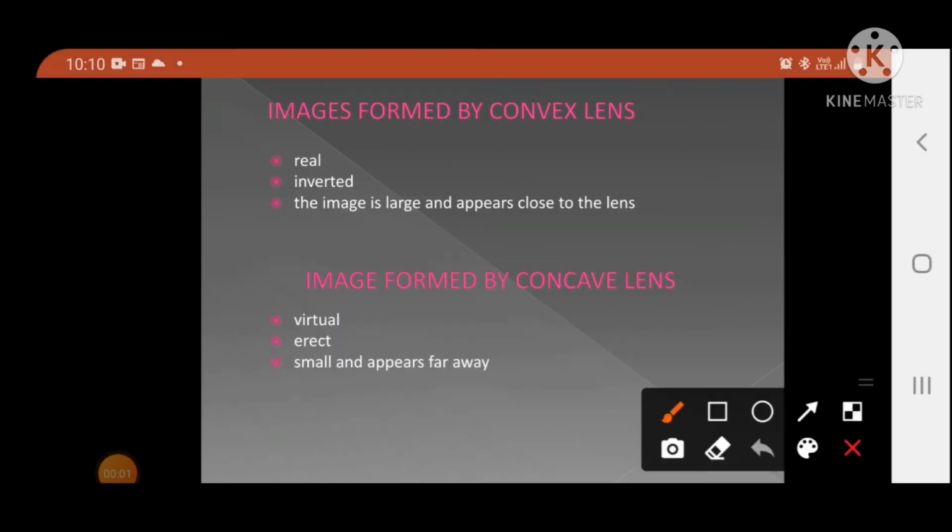Images formed by convex lens will be real, means can be obtained on the screen, inverted means upside down, and large, and it will appear close to the lens. While the images formed by concave lens will be virtual, means cannot be obtained on the screen, will be erect this way, and it will be small and appears far away.